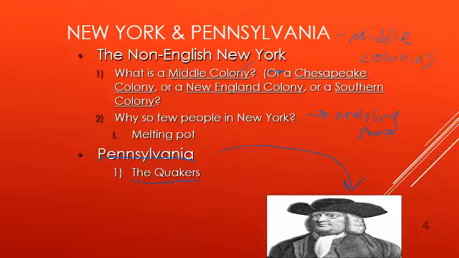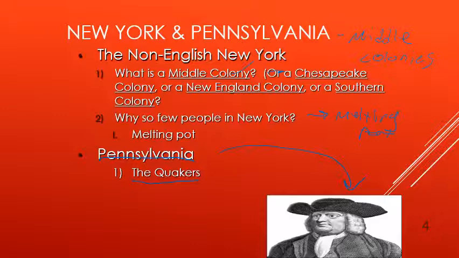The Quakers as a society are a little bit different. Like I said, they're more forward thinking. We talked about Anne Hutchinson and how she was looked down upon by society because she spoke her mind and stepped outside the expected practices of women at the time. Quakers were much more accepting of women.